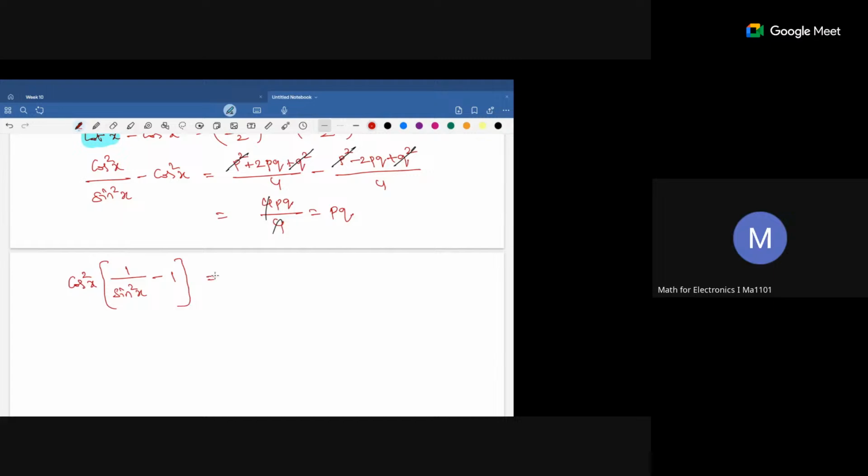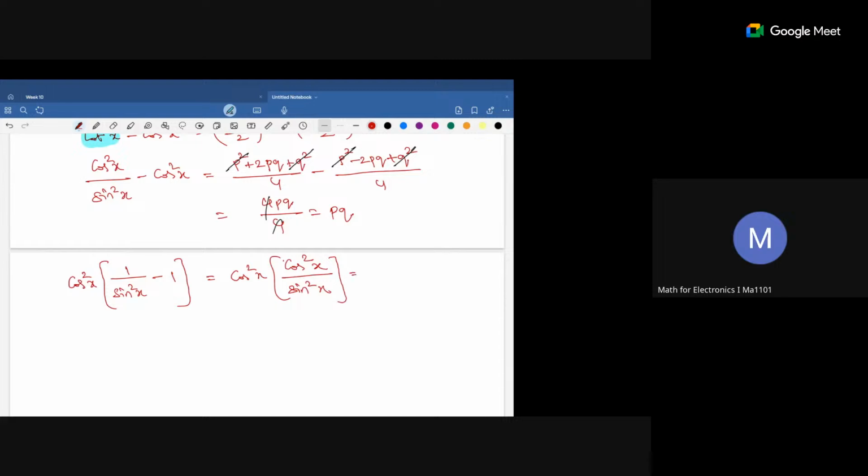If I simplify this by cross multiplying, I get 1 minus sine square x in the numerator, which is nothing but cos square of x divided by sine square of x.